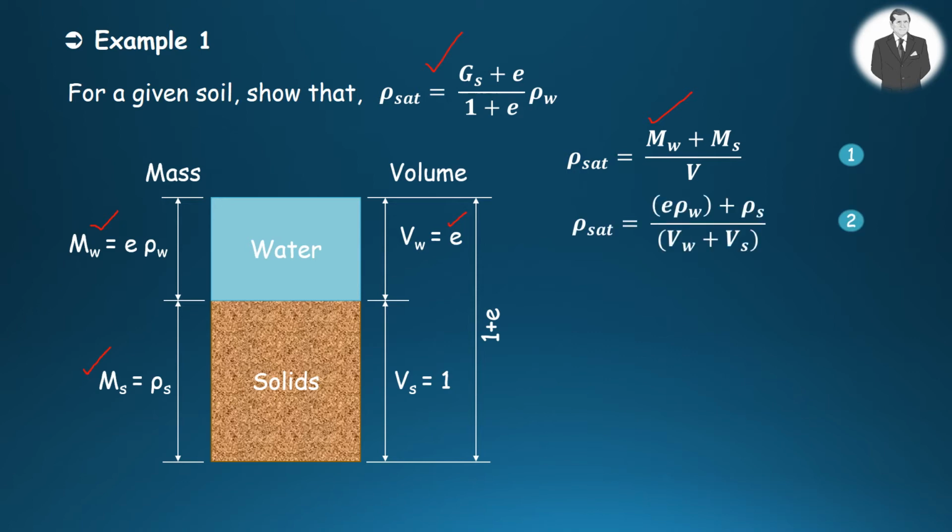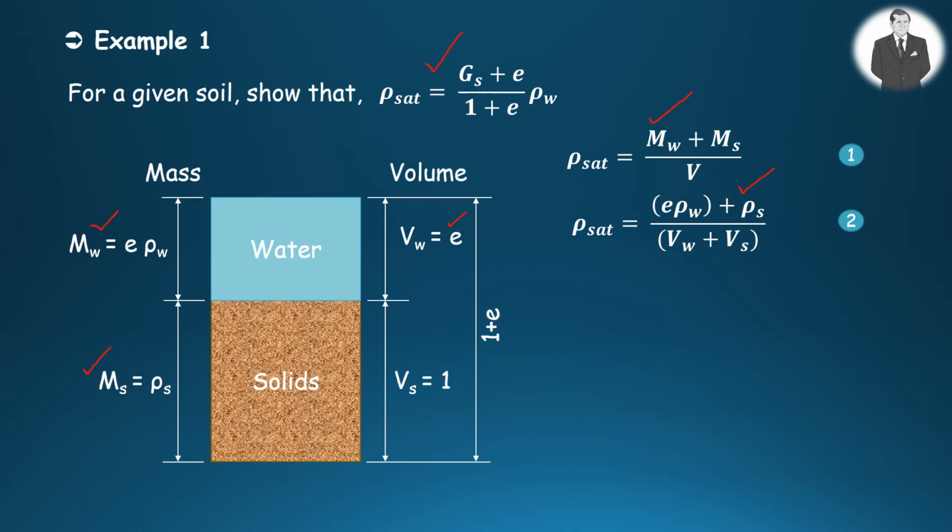Now then, if we put the related definitions in their places as illustrated in equation 2, we rearrange the saturated density in terms of void ratio, densities of water and soil solids, water volume, and the volume of solids.